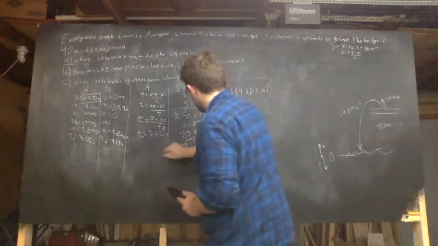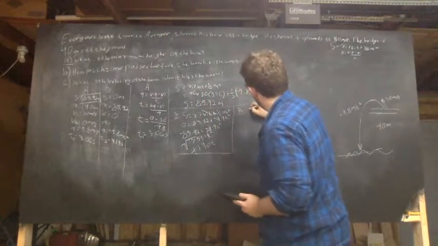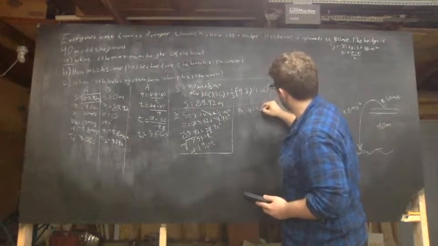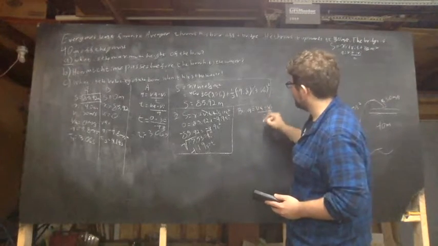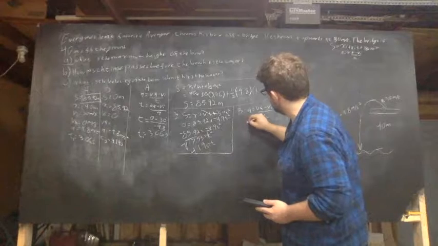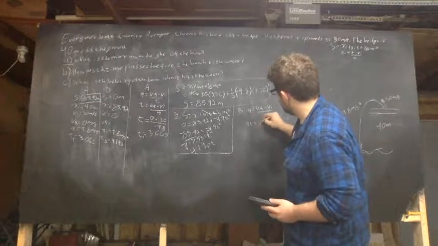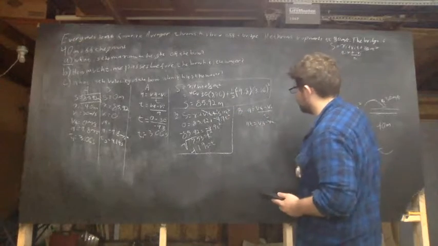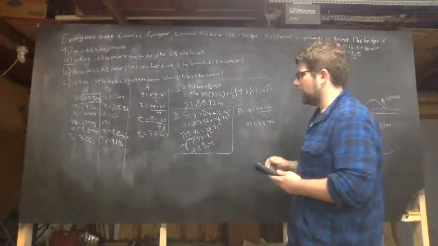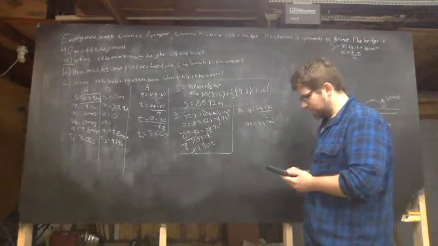Great. And now that I have this information, I can finally solve for my final velocity. Okay. So part B, A equals VF minus VI over T. I want to solve for final velocity, so A times T is equal to VF minus VI. VI is 0. Get rid of it. So I'm looking at A times T. So, fantastic.